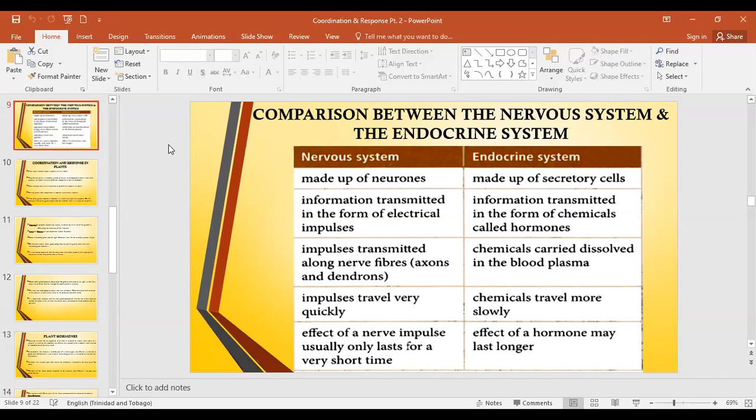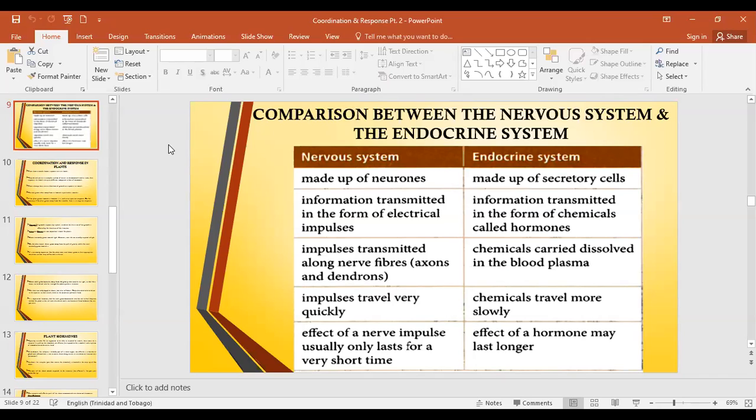In the nervous system, the effect of a nerve impulse usually only lasts a short time, but an endocrine response typically lasts longer. If it's a growth hormone, that will linger on. If it's secreted into your kidneys for reabsorption of water, that will last not as short, but not as long either. So somewhere in between, okay?